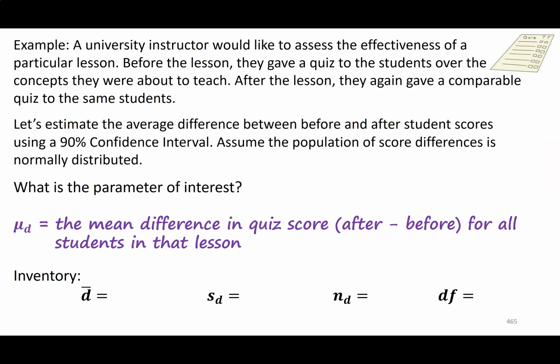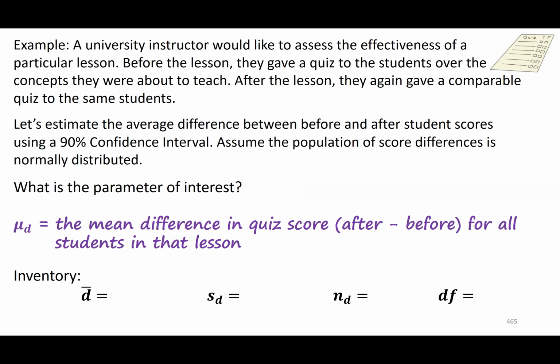So here, my parameter of interest changes if you're doing paired data. It should be the mean difference, so mu d. It's the mean difference in quiz score, after minus before, for all the students in that lesson.